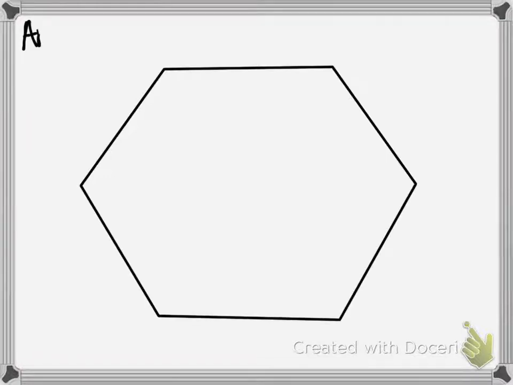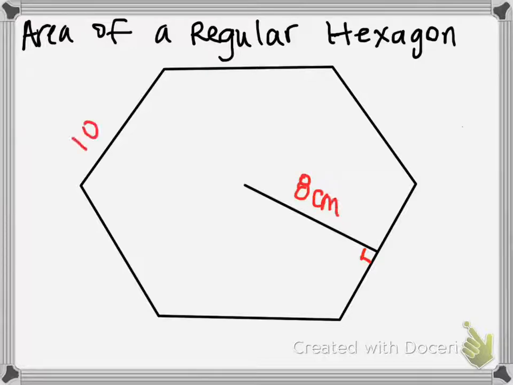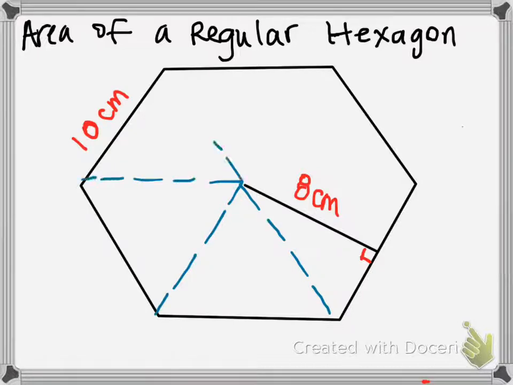So here we're going to find the area of a hexagon, a regular hexagon to be more specific. Here is my apothem, 8 centimeters, and one of my sides is 10 centimeters. Notice that I'm drawing a bunch of radii. That's the plural of radius because they go from the center to an edge.